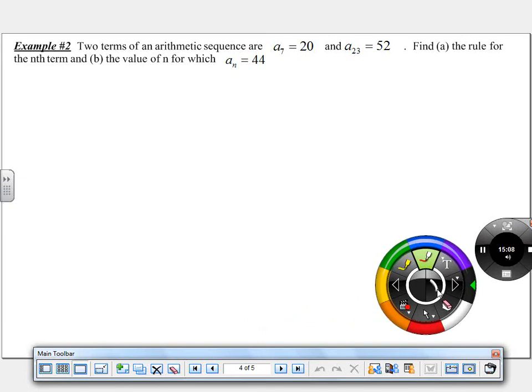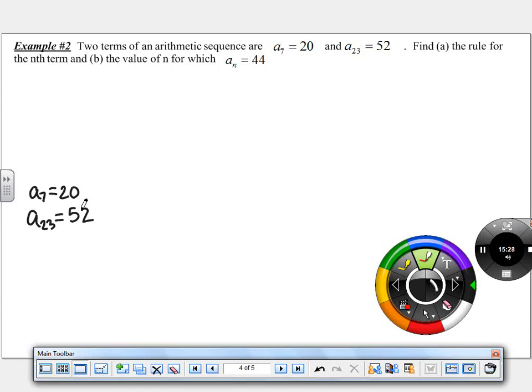So first of all, to find the rule, think about what we have here. We don't have the first term or the difference, but we have that a sub 7 is 20, and a sub 23 is 52. So I'm sorry, let me re-say what I said before. The 7th term is 20, and the 23rd term is 52.